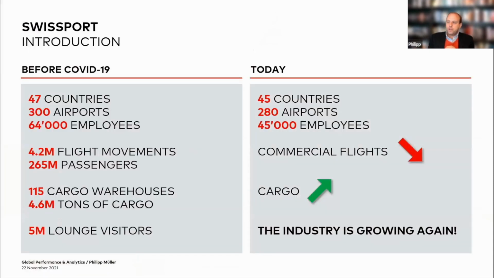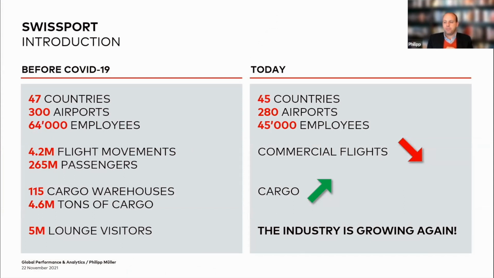First, very briefly, what is Swissport? What do we do? Where do we operate? What is our size? I think there are two sides. One is before COVID-19, which is on the left side. We operated in close to 50 countries, 300 airports, some 64,000 employees, so quite big.